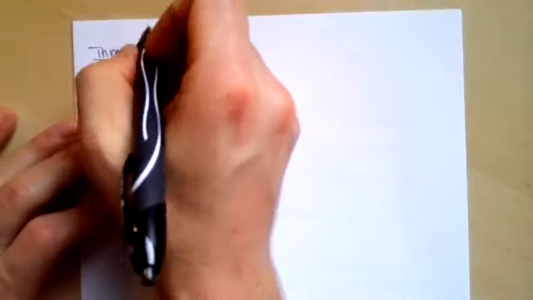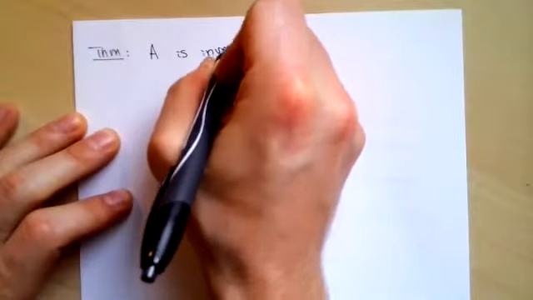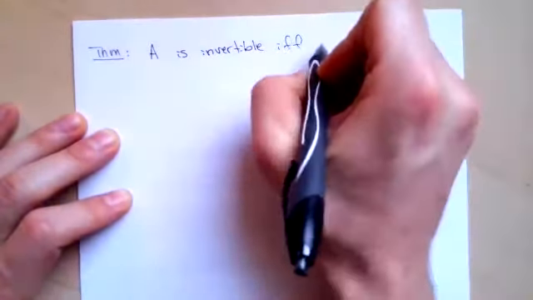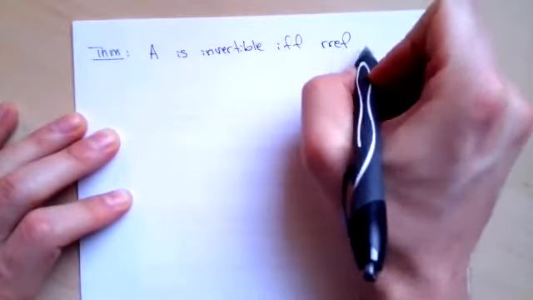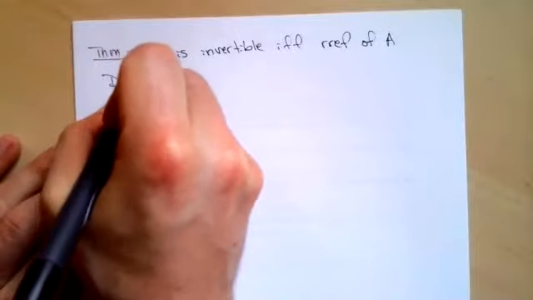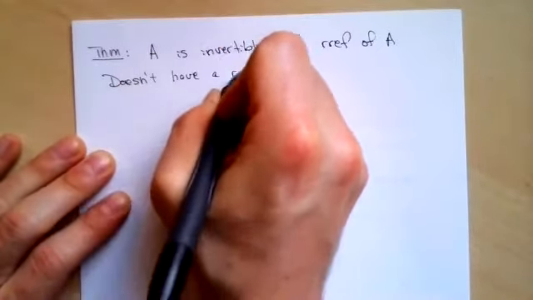So, our last theorem is that A is invertible if and only if the reduced row echelon form of A doesn't have a row of zeros.